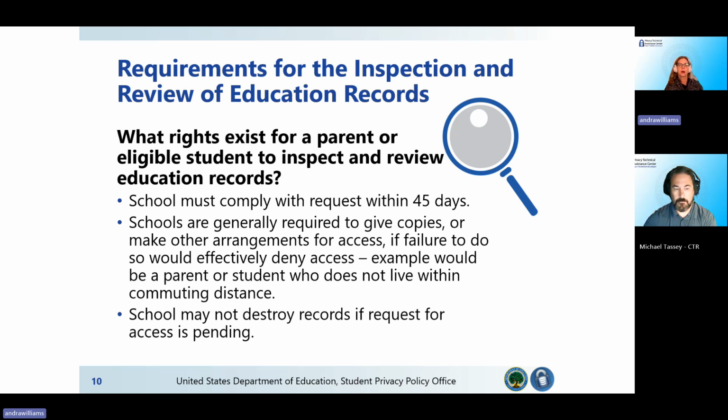For example, if they don't live within commuting distance and can't come to the office and physically see the record. But keep in mind that a technology solution like a screen share would meet that requirement to provide access. Again, other statutes may require copies of the record, but FERPA only requires access.